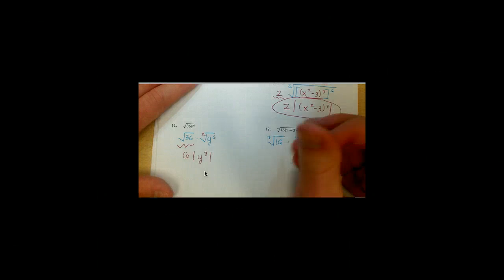Okay, finally, number 12. We have the fourth root of 16 times x minus 3 to the 24th. So we can make that the fourth root of 16 times the fourth root of x minus 3 to the 24th power. The fourth root of 16 is just 2, because 2 to the 4th is 16.